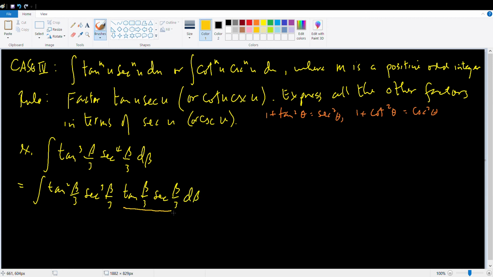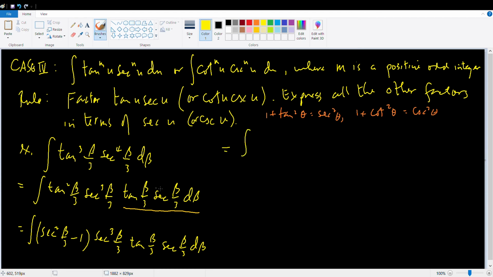And we will preserve this. So all the rest must be in terms of secant. And tangent squared becomes secant squared beta over 3 minus 1. Tangent squared is secant squared minus 1. Secant cube beta over 3, tangent beta over 3, secant beta over 3 d beta.